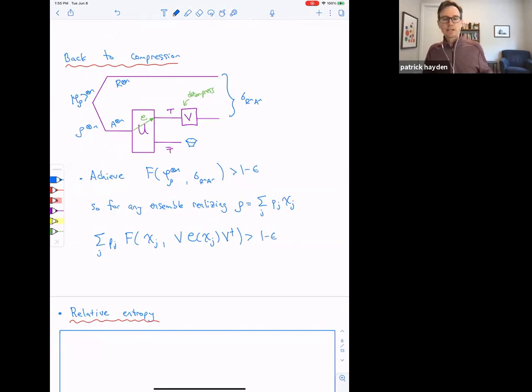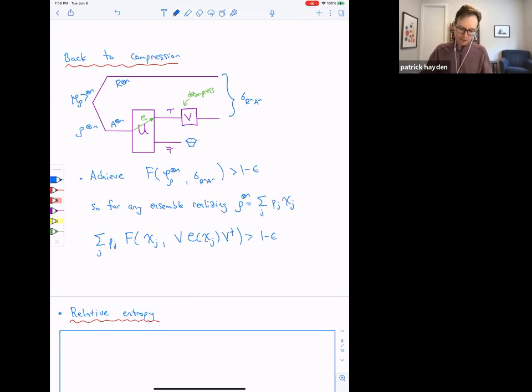Oh, whoops, this should be rho tensor n. So if you decompose the density operator into some pure states and then compress and decompress, on average over the states in that decomposition, the fidelity will be high.